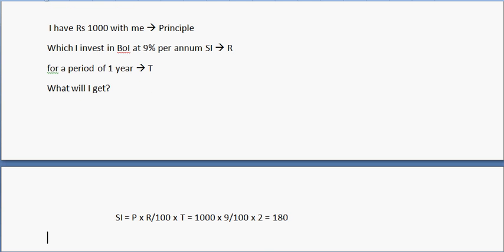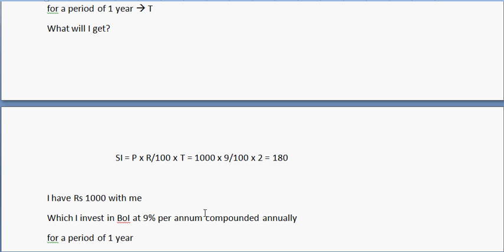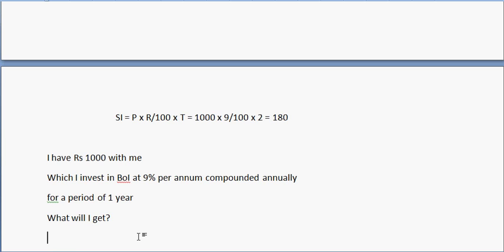Now let's go to the second question, which says, I have ₹1000 with me, which I invested in Bank of America at 9% per annum compounded annually. Compounded annually means the interest is added to your account just once a year, for a period of 1 year. What will I get?